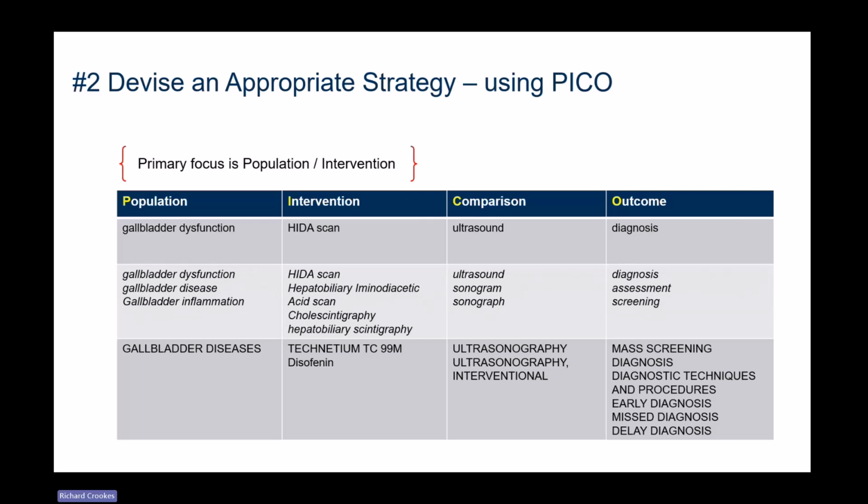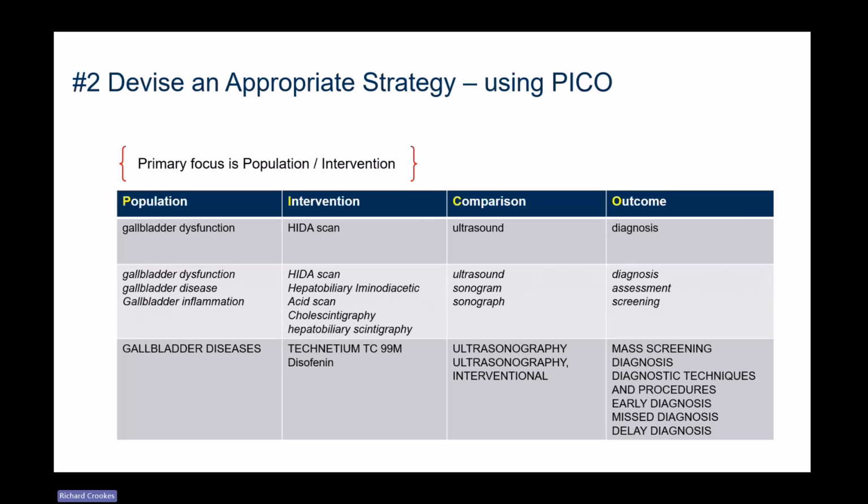We would then devise the strategy considering the initial elements: the population group, which, as we saw, relates to gallbladder dysfunction, patients at risk of gallbladder dysfunction; the intervention, which is HIDA scan; a comparison with ultrasound; and of course, accuracy relates to outcome, which relates to diagnosis. So we've got gallbladder dysfunction, gallbladder disease, gallbladder inflammation on the second row there in the first column.